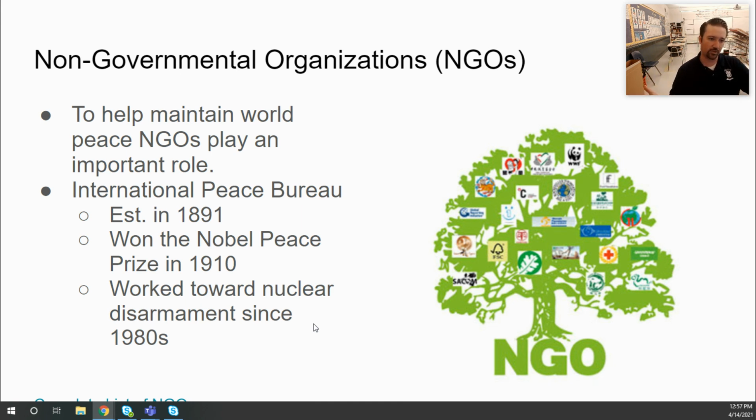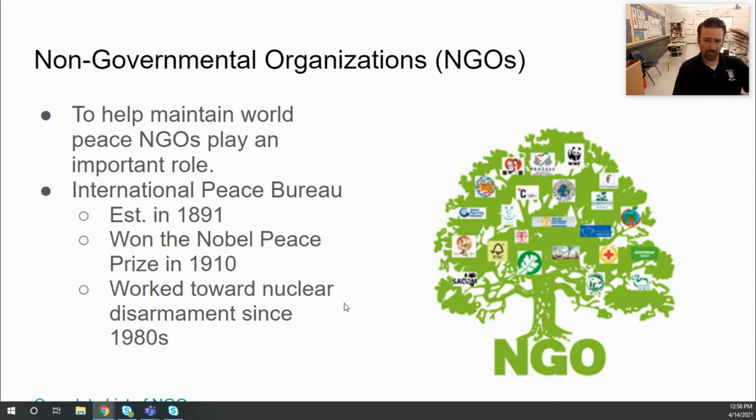One of the big ones is the International Peace Bureau, which was established in 1891, which of course is an NGO that works towards world peace. And so some of the things they've done, they won the Nobel Peace Prize in 1910. In 1980, a lot of their focus has been trying to disarm, towards nuclear disarmament of countries that have nuclear weapons.